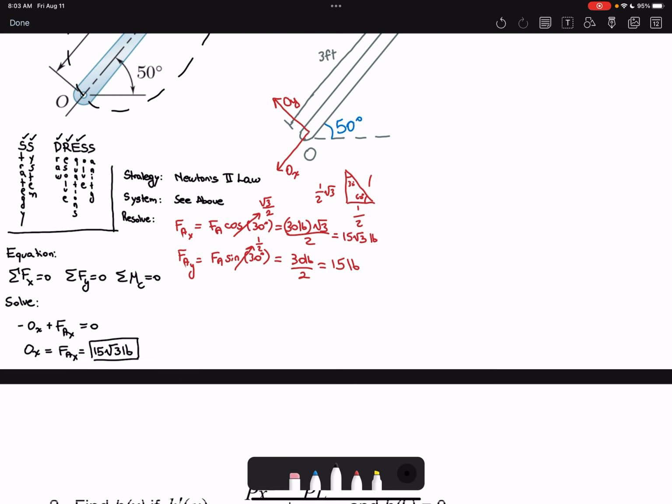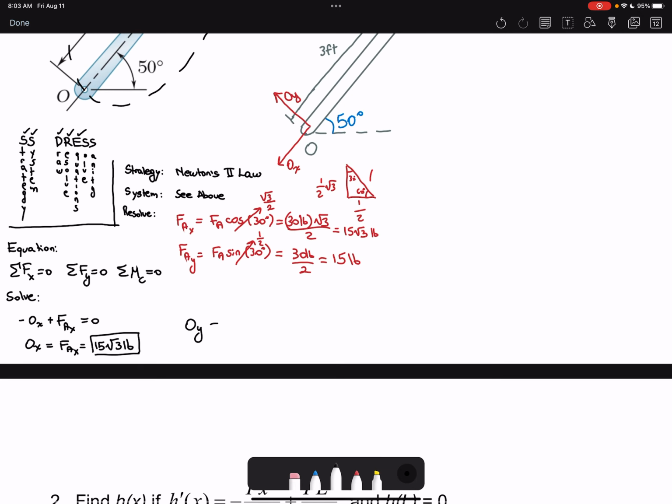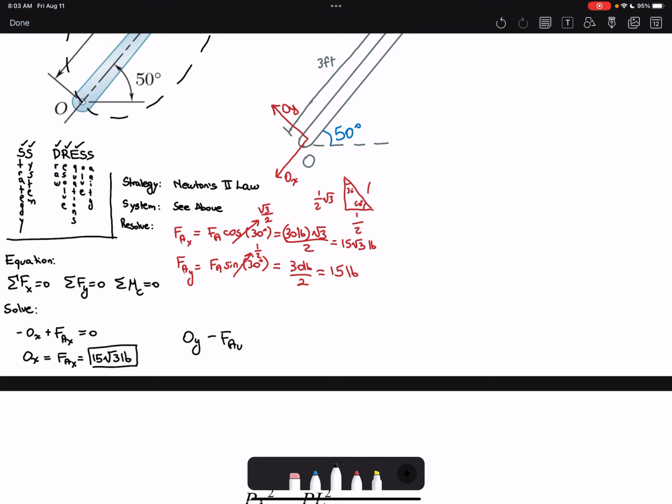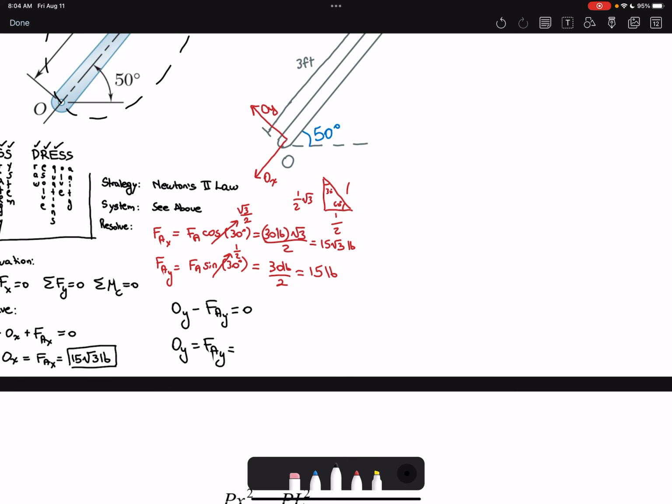So OY is going to be positive OY minus FAY equals 0, and that's going to be, okay, I need more space. So OY minus FAY is equal to 0. So OY is equal to FAY, which is equal to, well, FAY, we have it right here, is 15 pounds. So now we have those two.